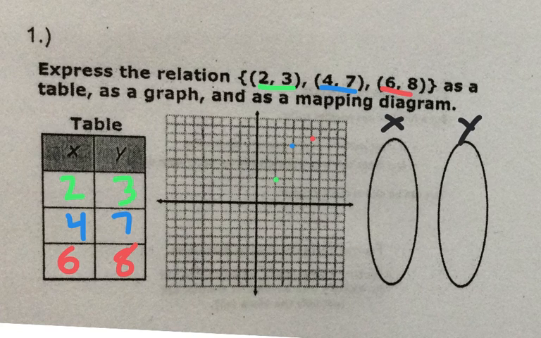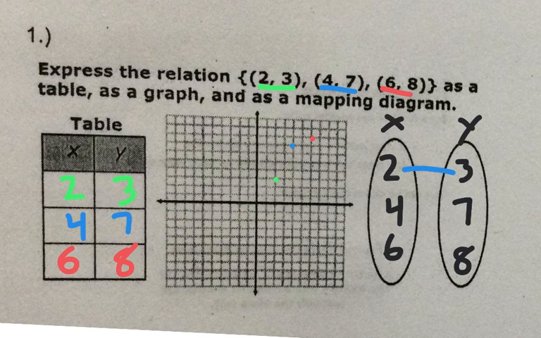So I typically list my x's in order from least to greatest, and my y's in order from least to greatest. So my x's go 2, and then 4, and then 6. And my y's go 3, 7, and 8. And it just so works out this time that 2 maps to 3, 4 maps to 7, and 6 maps to 8. All directly across.